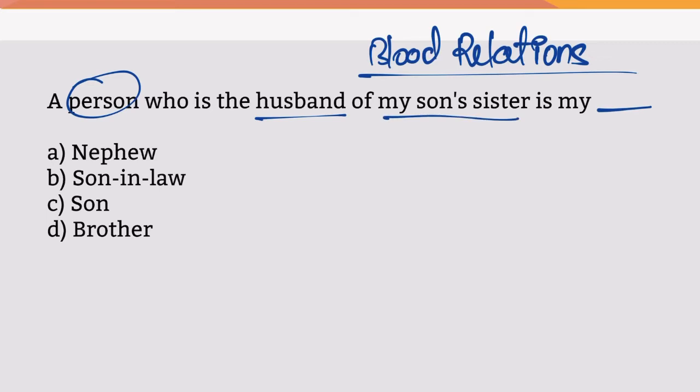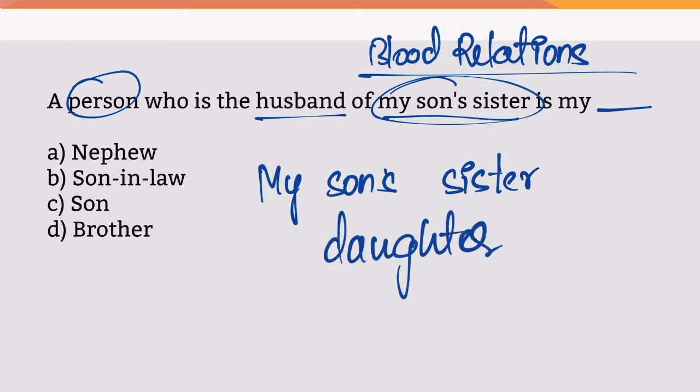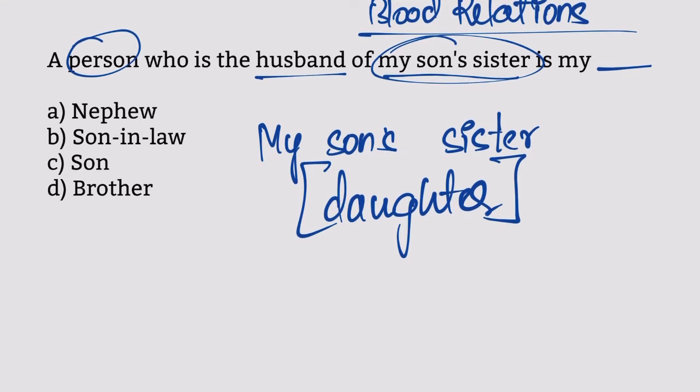What we have to do here is define the relationship. Let us start with my son's sister. If that person is your son's sister, then that person is none other than your daughter. So we have already defined one relationship here.